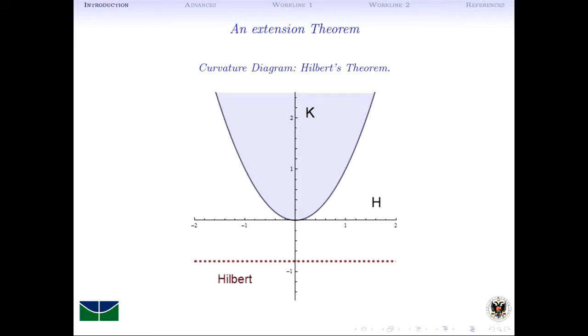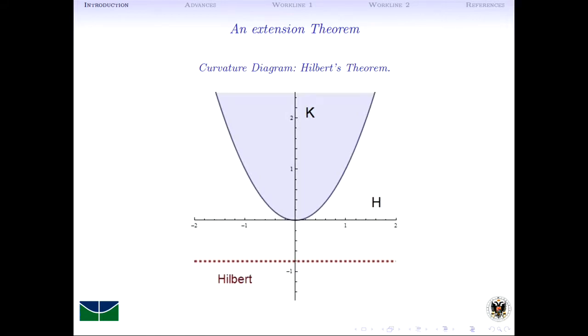This curvature diagram is nothing but a two-dimensional representation of the curvature and the mean curvature of the surface. You can represent here, at each point, the respective values of the Gaussian curvature and the mean curvature of the points of the surface.